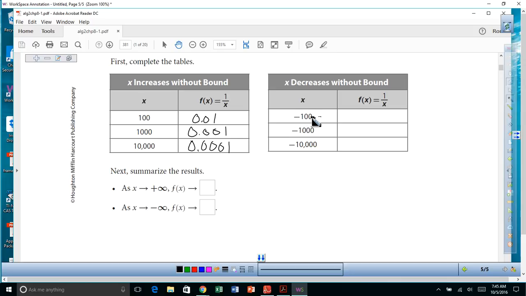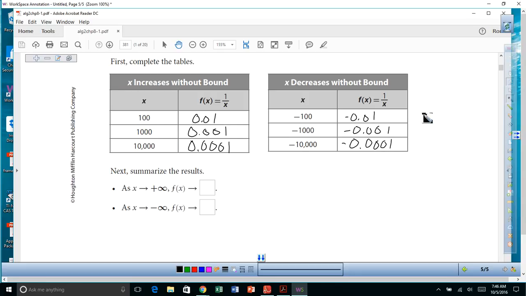What do we get? 1 over negative 100 would be negative 0.01. That would be negative 0.001, and that would be negative 0.0001.